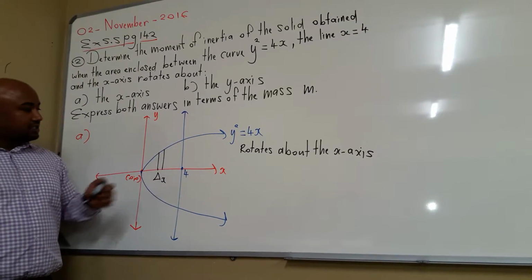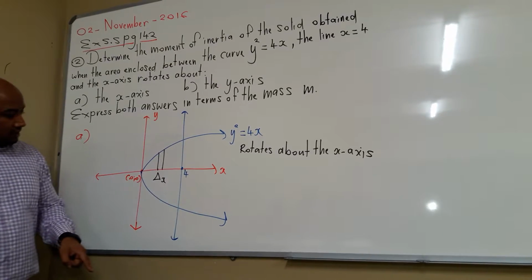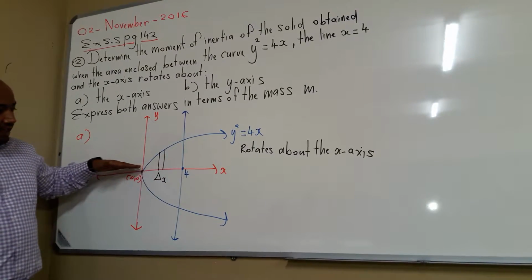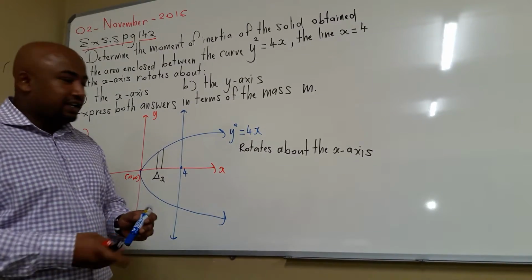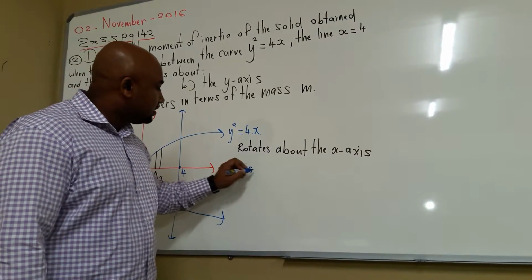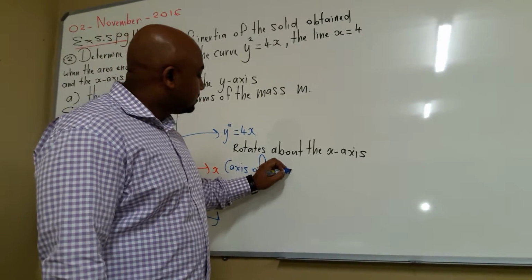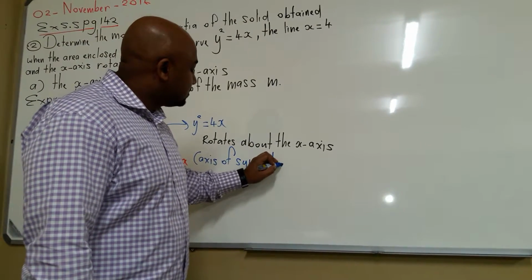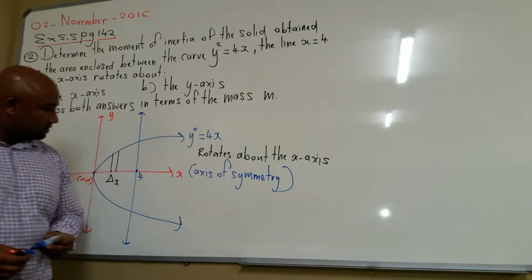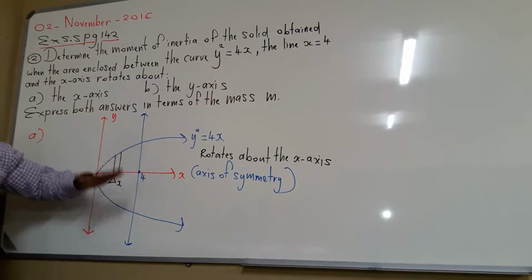Okay, so now we need to rotate this area about the x-axis. Remember, the x-axis is now like an axis of symmetry. It cuts this parabola into two equal halves.